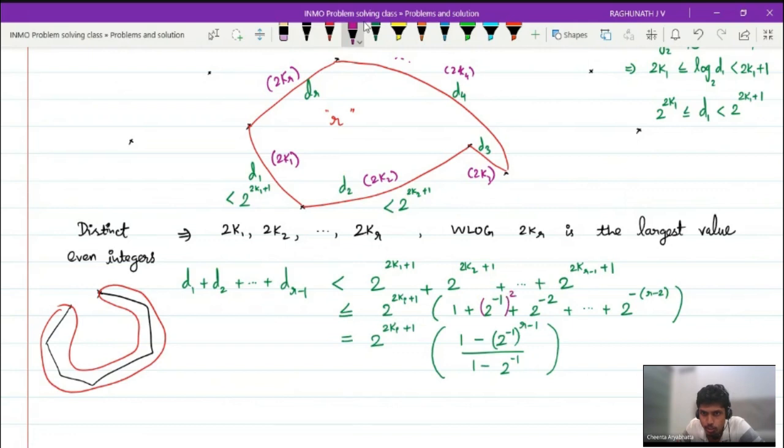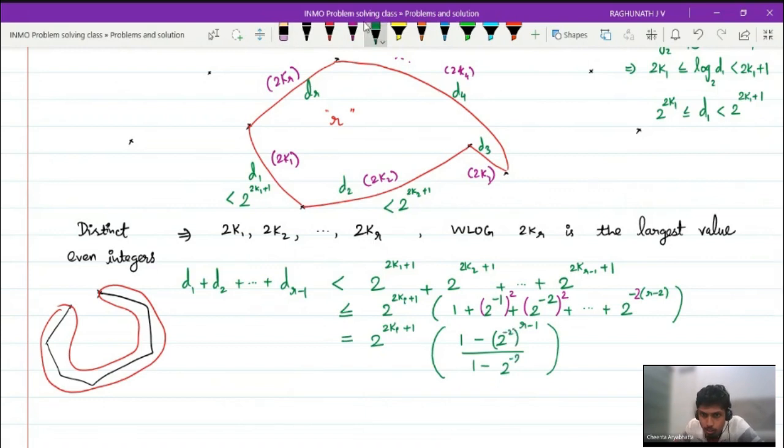This is whole square, because these are differing by at least 2, right? Because they are even. So each power is odd. If you take the odd common, each of them must be differing at least by 2. So this must be 2 power minus 2. So the common ratio is 2 power minus 2.